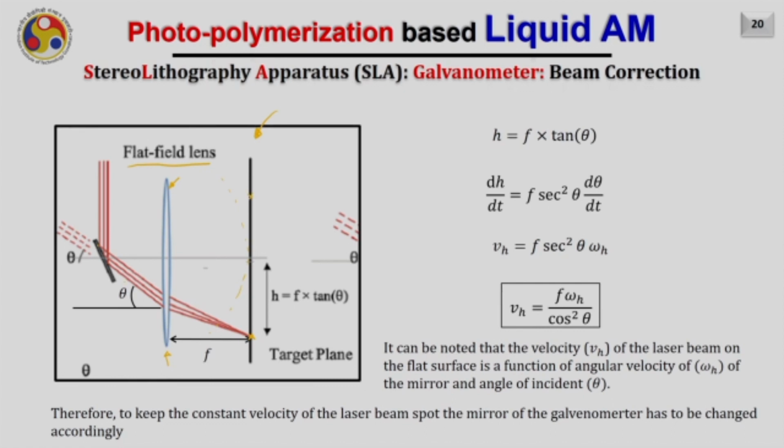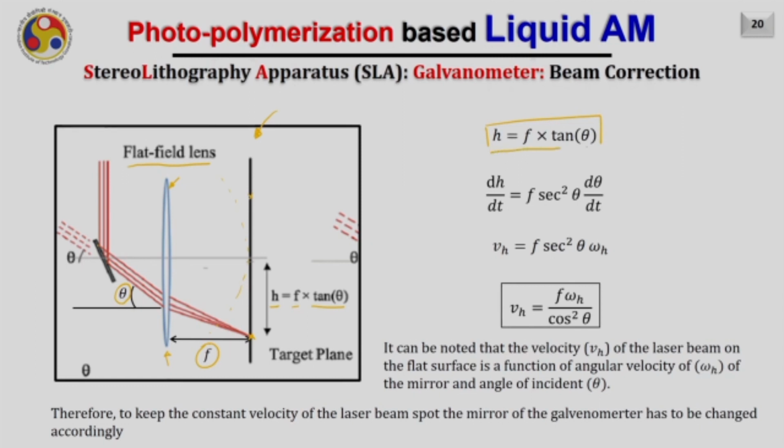Also, if the laser beam is striking the flat field lens at an angle theta, then I can say this height h will be equal to the focal distance f times tan of theta, where tan theta is nothing but the tangent of the angle theta made by the horizontal axis and the laser beam striking the lens. Now, in other words, I can write it like this.